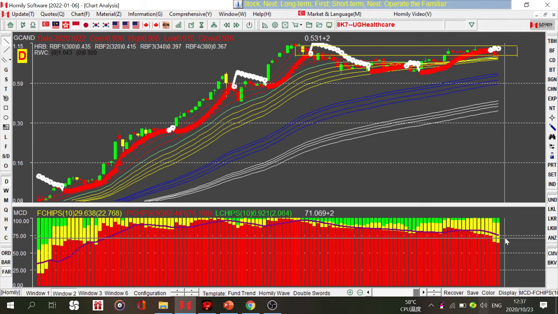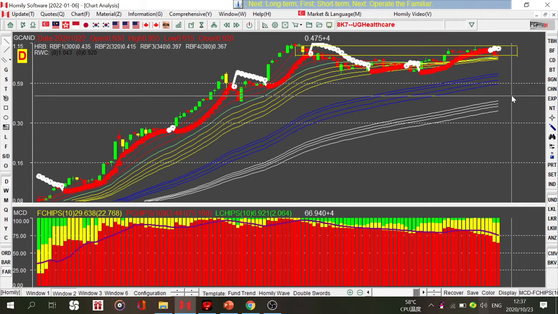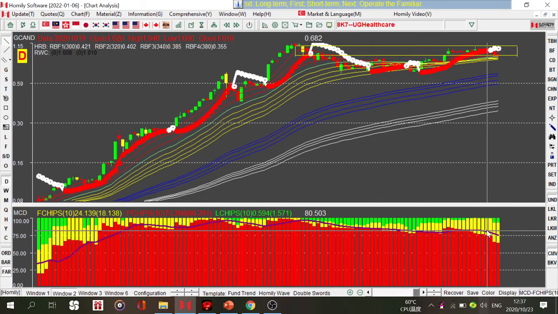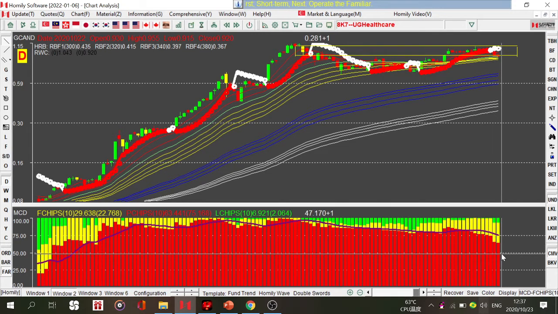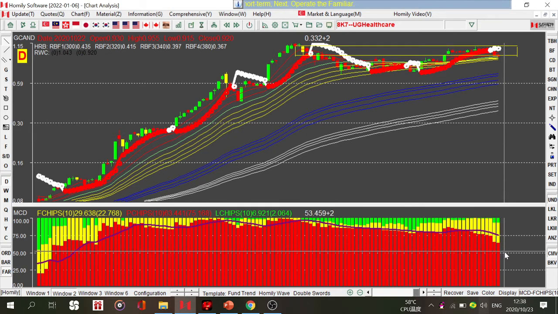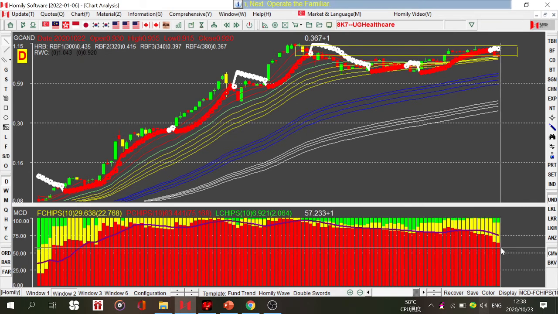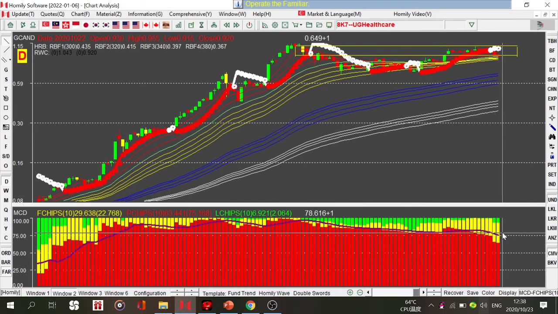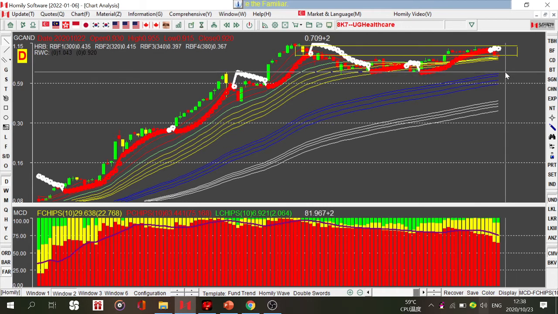But currently, this is until yesterday, right? We see the purple line is still downward. We have some retailers increase a bit, but the big boy is still above 50%. Still can keep monitoring, but obviously it's weak for short term.